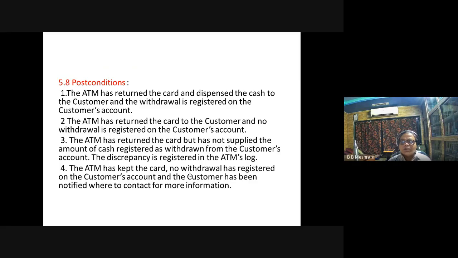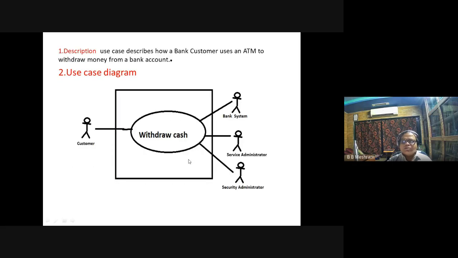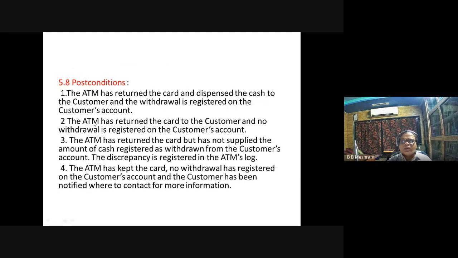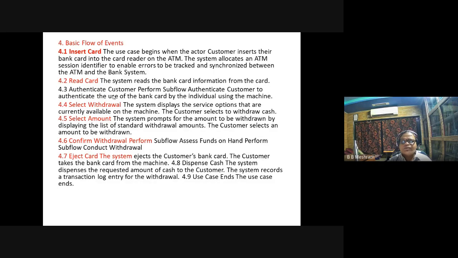So, precondition is a state of the system before the execution of the use case, and in the ATM system for the use case withdrawal cash, post condition is a condition which will tell us about the state of the system after the execution of the particular use case.